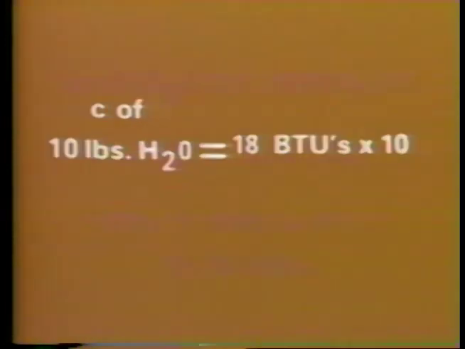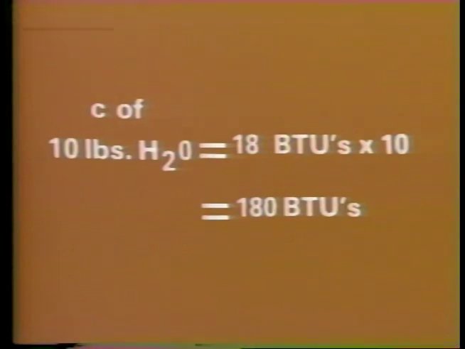Since the specific heat of water is 1 BTU per pound per degree Fahrenheit, we multiply 18 degrees times 1 BTU per pound per degree Fahrenheit and find that 18 BTUs are required to cause this change in temperature in 1 pound of water. To find the heat necessary to cause the temperature change in 10 pounds of water, we multiply the result, 18 BTUs, by 10 and get 180 BTUs needed to change 10 pounds of water from 32 degrees to 50 degrees Fahrenheit.